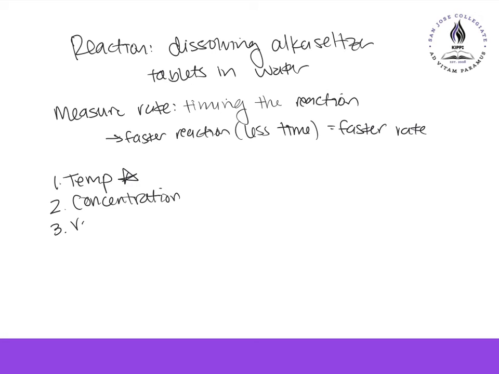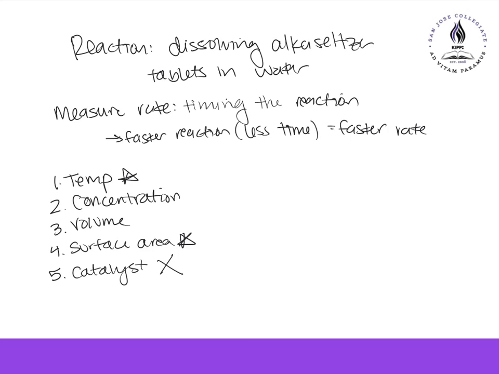You can change the volume. You could change the surface area, and you could change the addition of a catalyst. We don't have any catalysts, so you actually can't choose this one, but I would recommend choosing temperature.